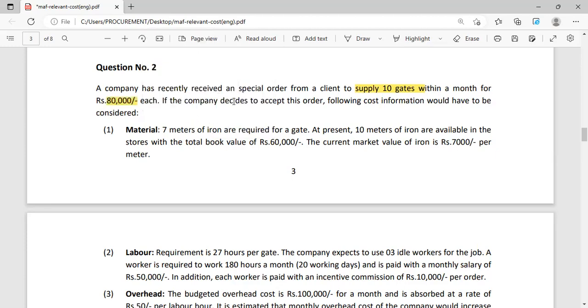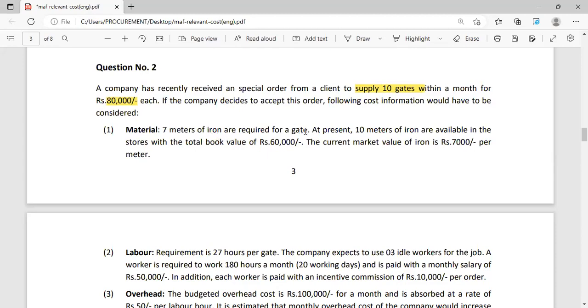If the company decides to accept this order, the following cost information will have to be considered. What is the following information? They have 10 gates and one is 80,000 per one. That's the selling price. Now, material. 7 meters of iron are required for a gate.